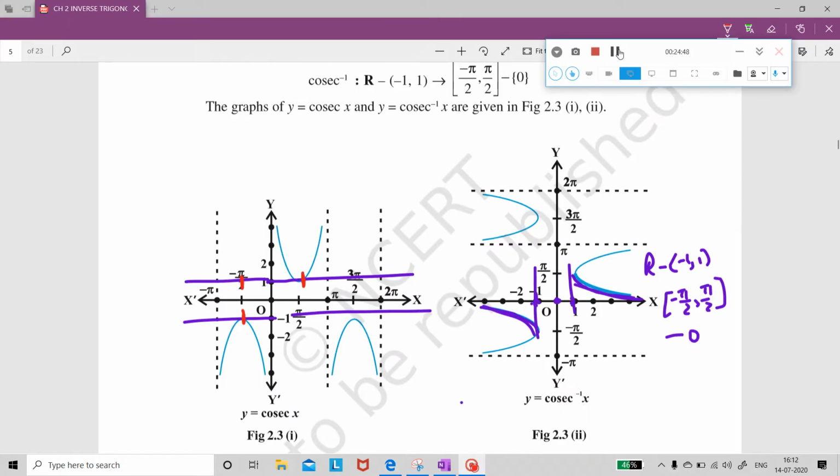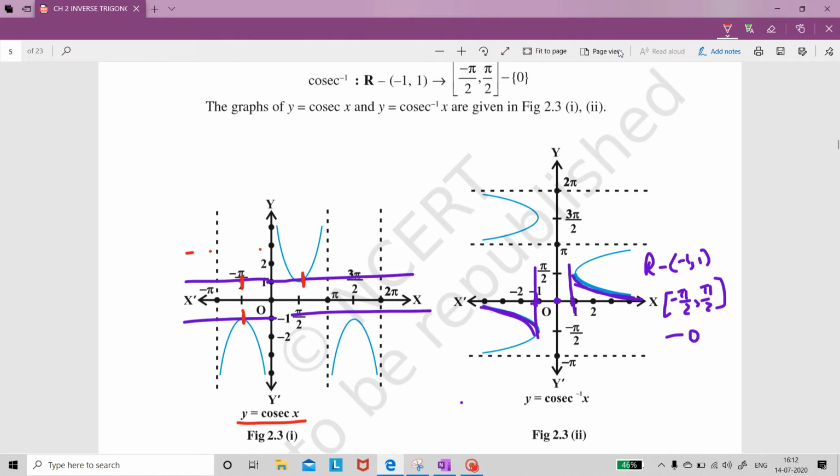Now let us study the cosec function. You can see this is the graph of cosec x. As you can see the graph, again you get to know that the graph of this trigonometric function is also not one-one.